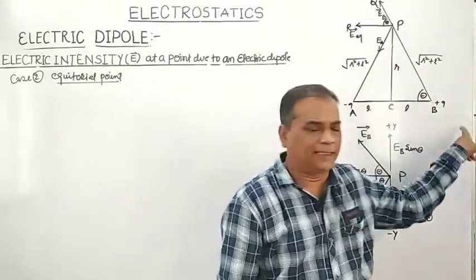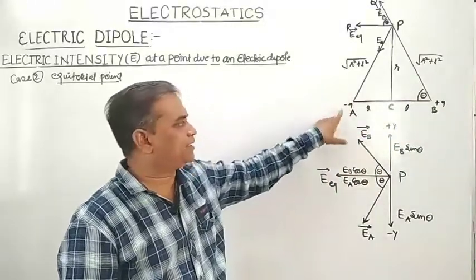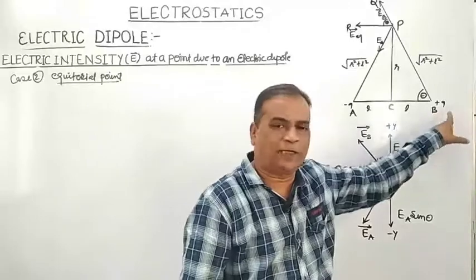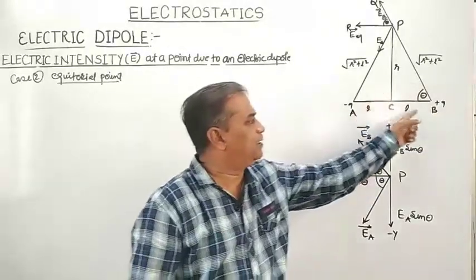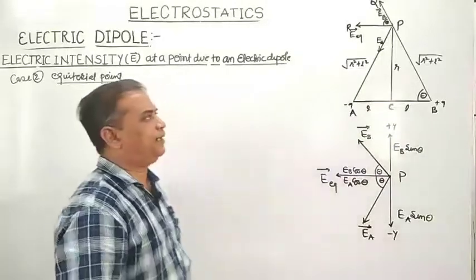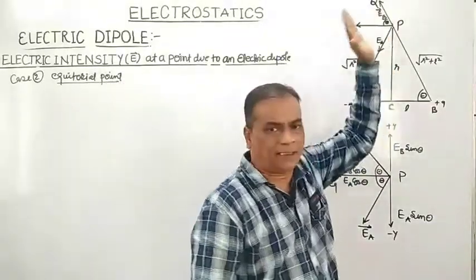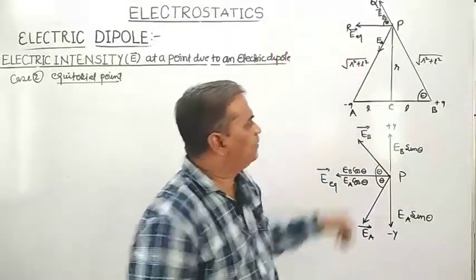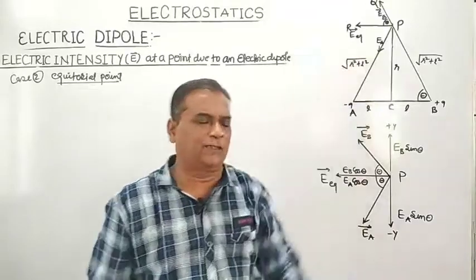Here we have an electric dipole formed by a charge minus q at point A and plus q at point B, and they are at a distance L from the center C of the dipole. And here C represents, look at this vertical line, a line which is perpendicular to the axis of the dipole and passing through its center.